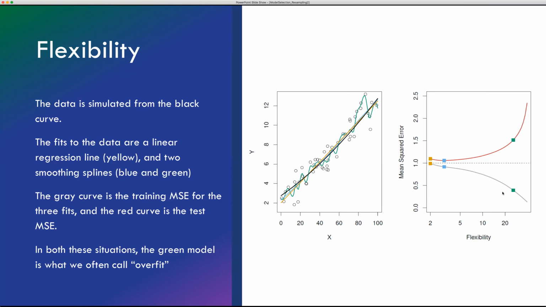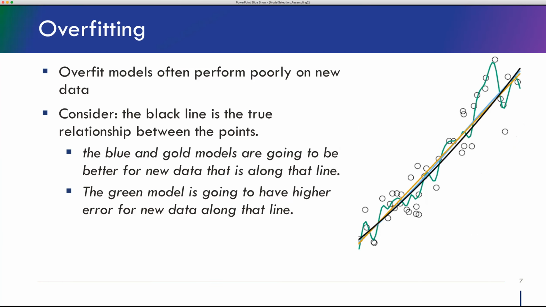If the training error is really low but the testing error is really high, that means the model is overfitting. And you can also directly tell that if a model is way too flexible and follows the data too closely, it's normally an indicator of overfitting as well.